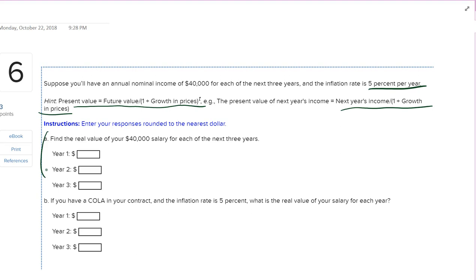So we're going to start with the present value because we want to know what we're dealing with right now. So present value is equal to the future value. We were just given that, next year's income, right? Divided by 1 plus the growth in prices. So we have next year's income, $40,000. We're told that it's a nominal income.